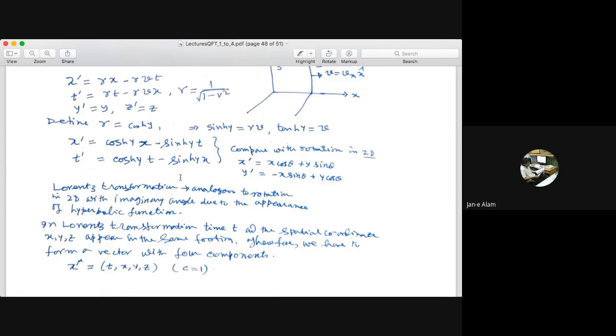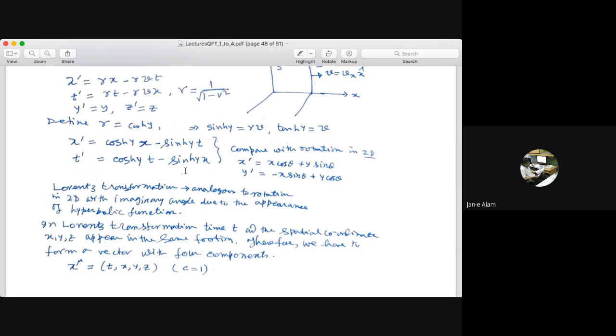So that is something which people use, and from here you can very easily see that y and z are not changing. You can easily check that, like here, x prime squared plus y prime squared will be equal to x squared plus y squared. Here you can easily see that t prime squared minus x prime squared will be t squared minus x squared. That is invariant.